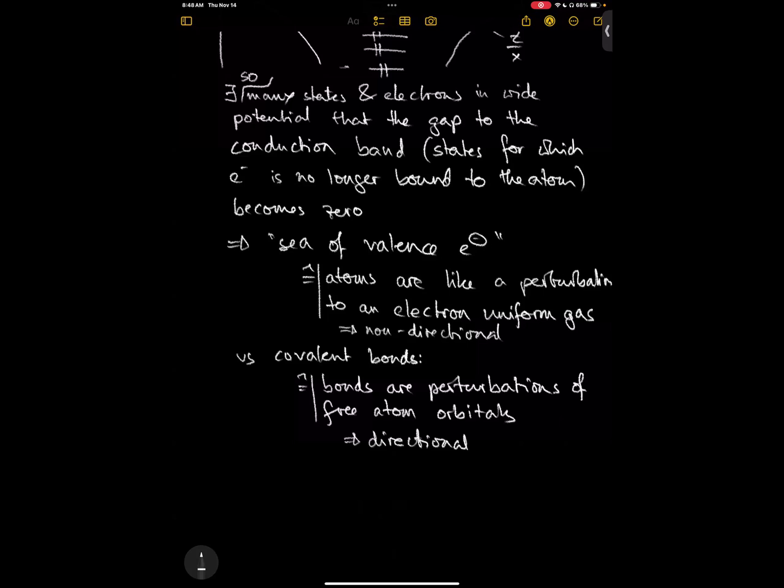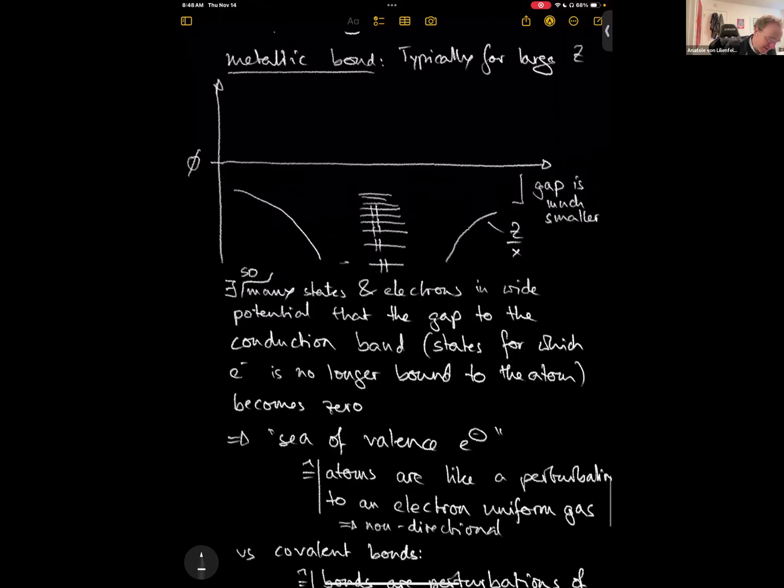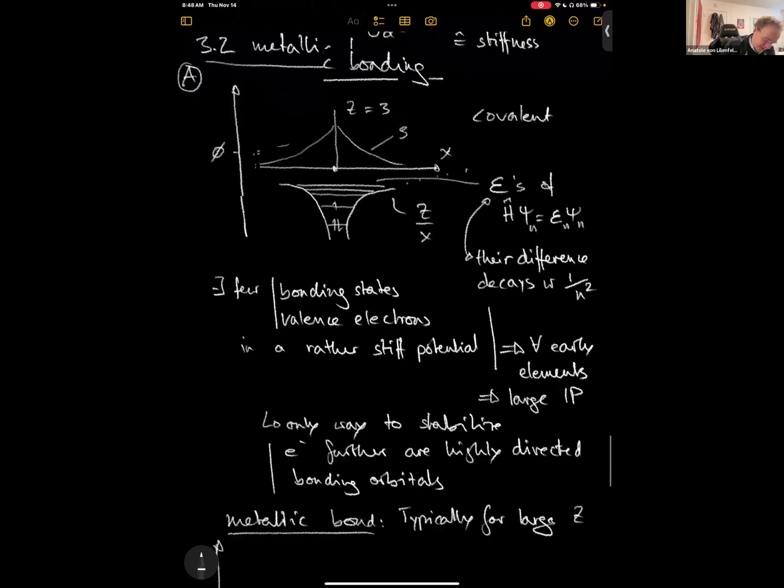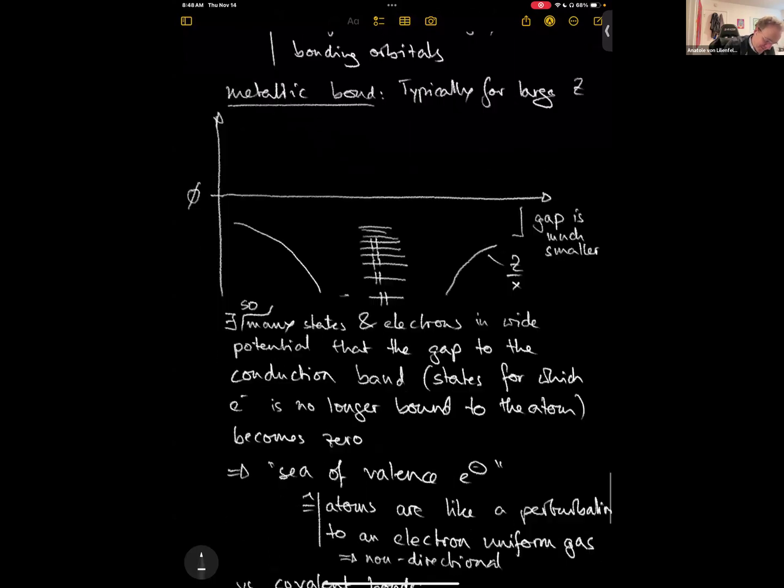So this lack of directionality contributes a lot to the properties of metals, right? So this is sort of a fundamental picture which we cherish.